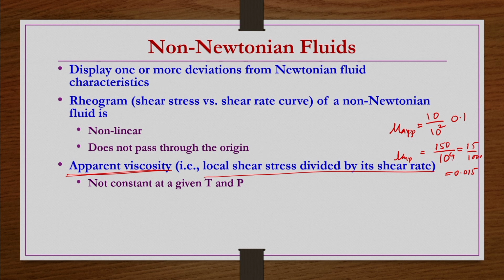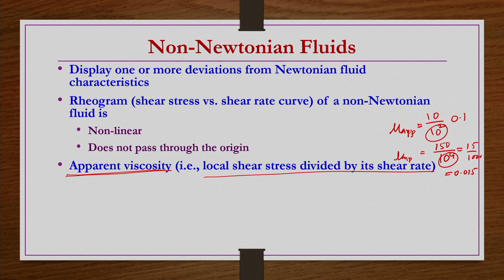Now see, it is the same material, but you are doing the shearing experiment at different shear rates. You get the local shear stress divided by the shear rate at which you are doing the experiment. That ratio is not a constant value; it is changing. That is the reason we call it apparent viscosity.